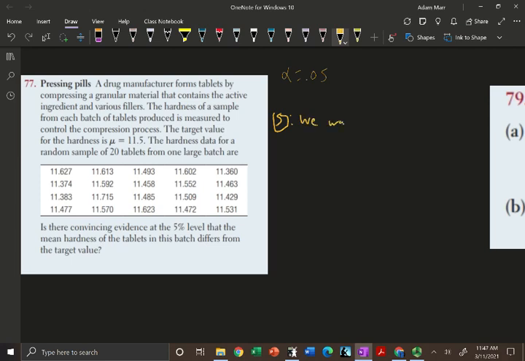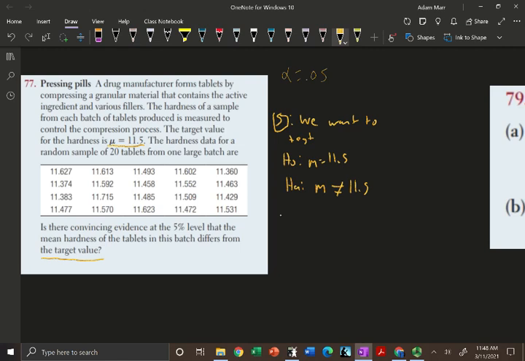We want to test the null. The question asks whether the mean hardness of the tablets in this batch is different from the target value of 11.5. So the null is mu equals 11.5. The alternative is that it differs, so mu does not equal 11.5. So this is, of course, two-sided.